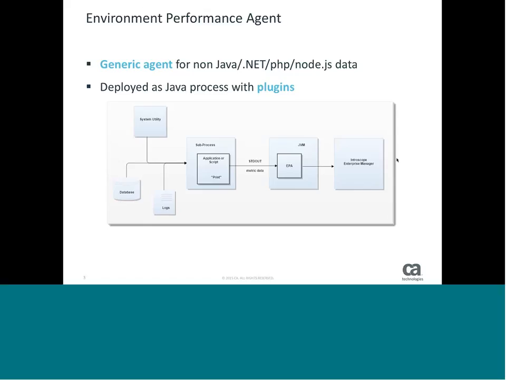You can call any API locally or remotely and get that information into APM. So it's basically a very generic solution, and internally it's got the agent interface and sends the metrics, and also there is the possibility to send traces over to Introscope Enterprise Manager and display it in the UI.